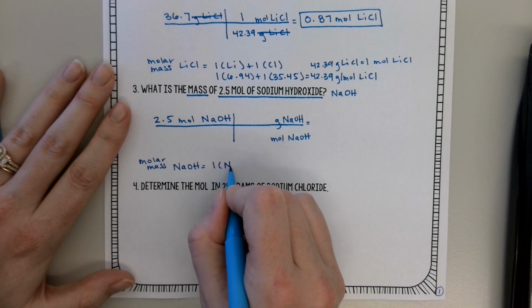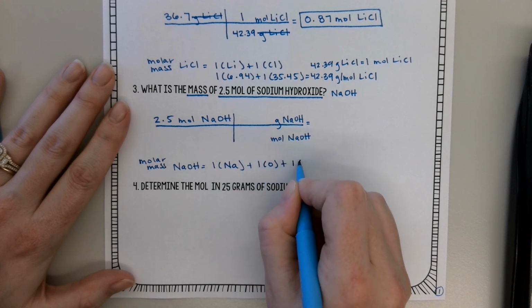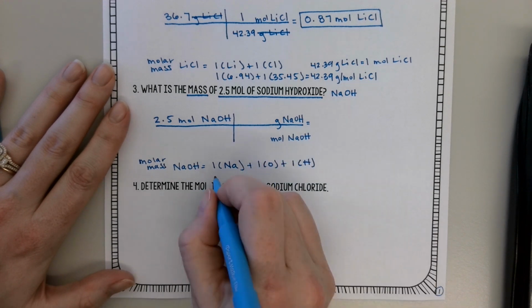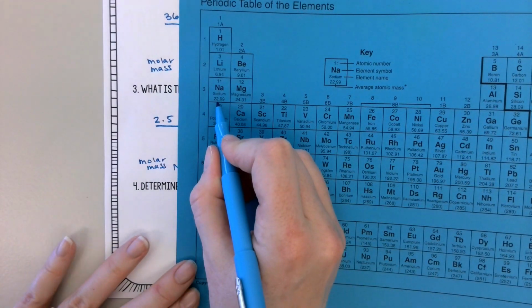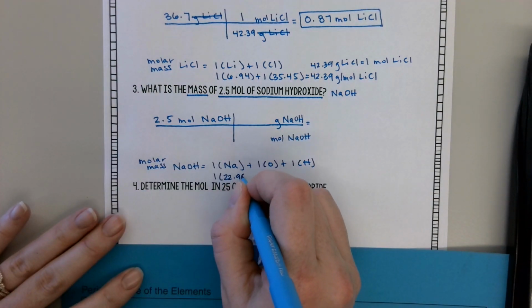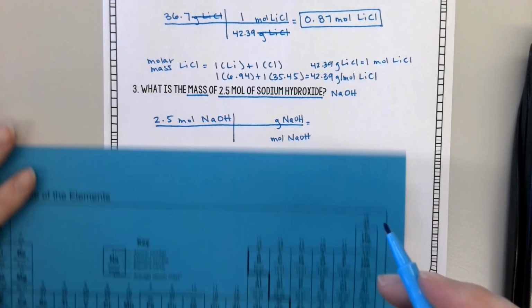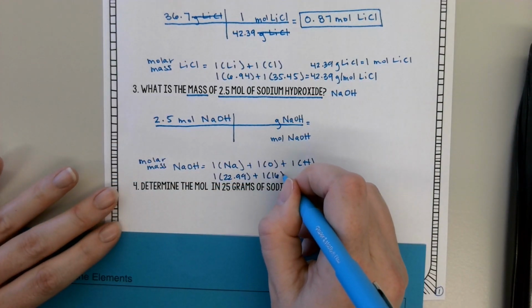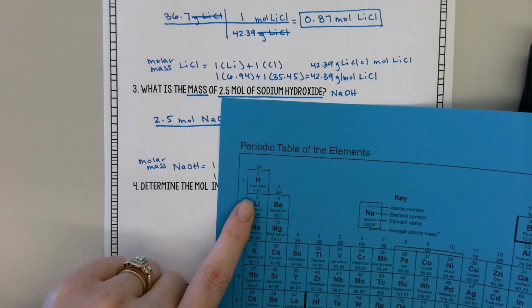As stated before, it has 1 sodium, 1 oxygen, and 1 hydrogen. So 1 times sodium's mass is 22.99. 1 times oxygen is 16. 1 times hydrogen is 1.01.